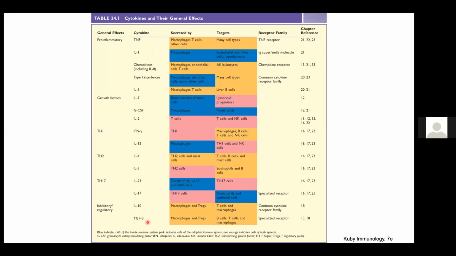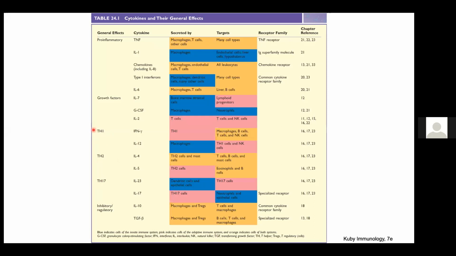Then there was a group I called the polarizing cytokines, okay? So, polarity just means movement towards one direction, okay? So these ones are especially important in the adaptive immune response, where they'll cause differentiation of cells towards a certain phenotype.